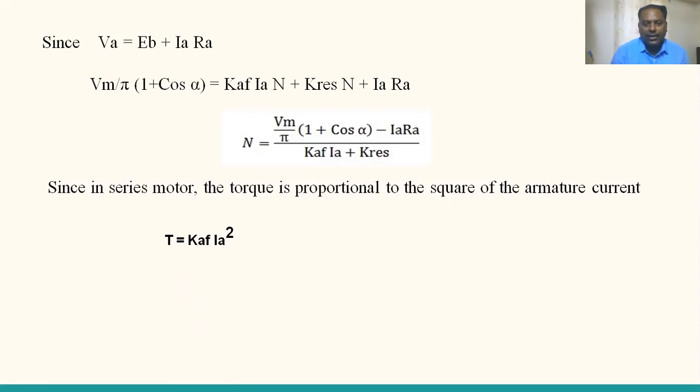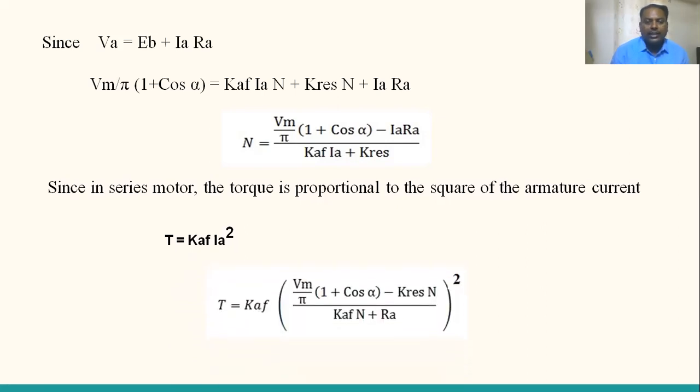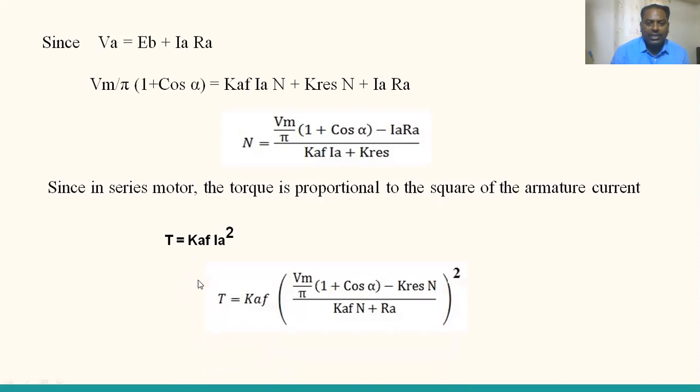Similarly, we can represent the torque equation. Torque is equal to KF into IA square, and you can separate the armature current from this equation.